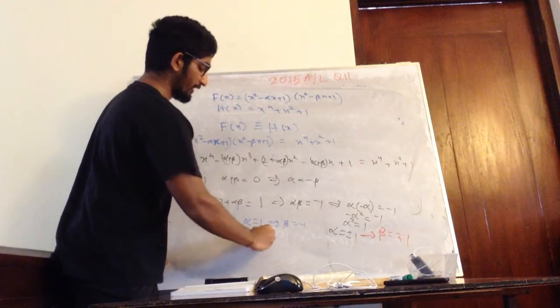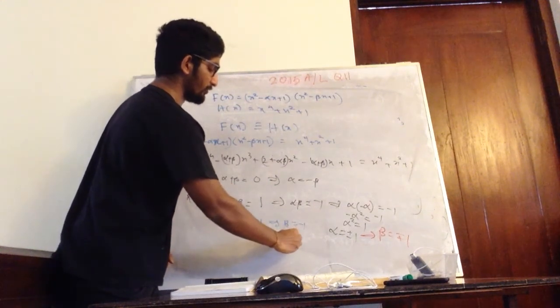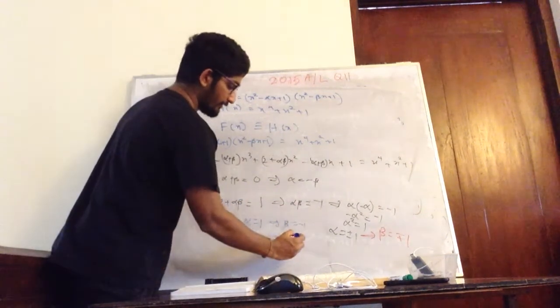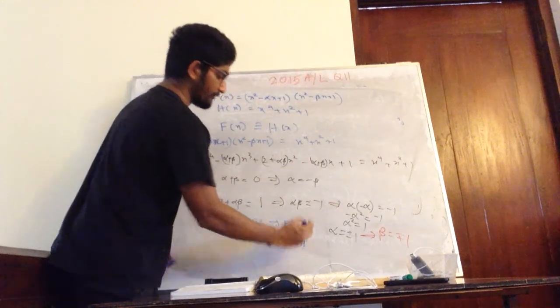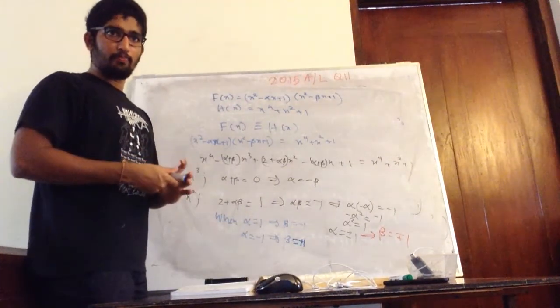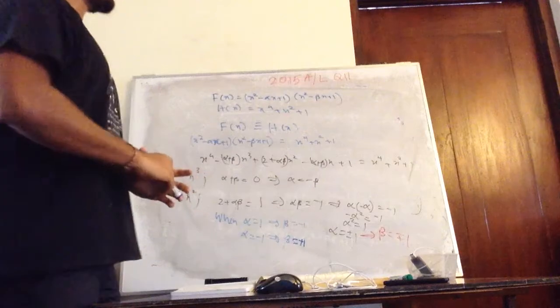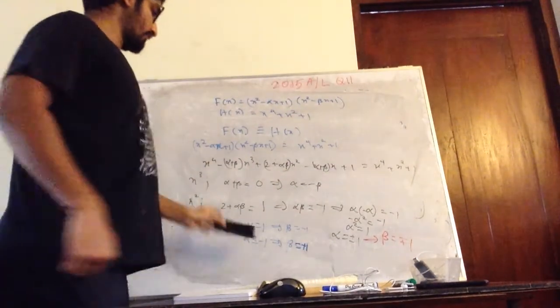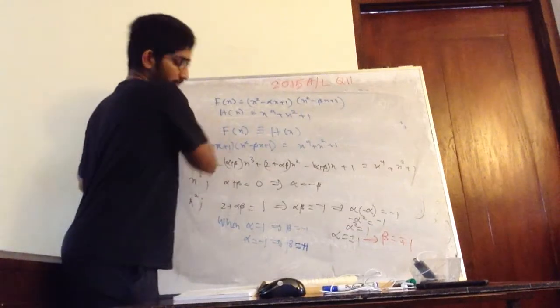When alpha is minus 1, beta is going to be positive 1. Right? Okay. So write this down. Right, so now we know the alpha, beta values.